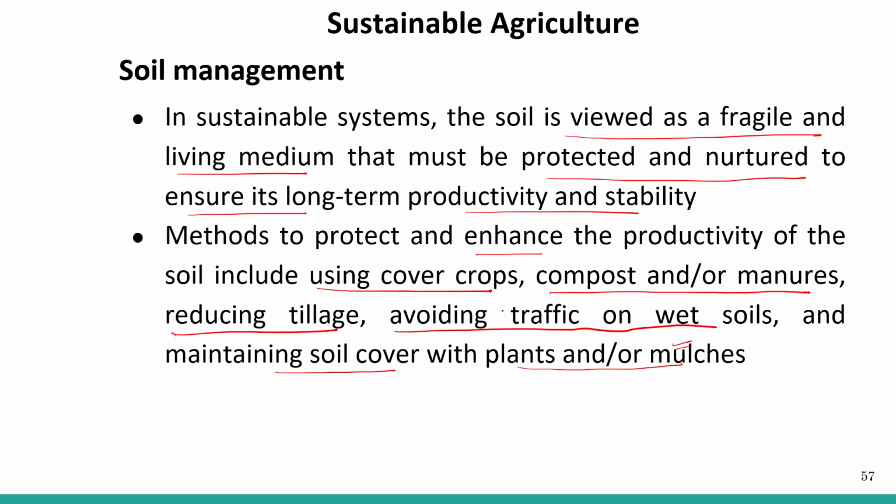We can cover the exposed soil with plants or mulches. And compost and manure we can add, which reduces tillage. So these are the things that can be used to enhance the productivity of soil.